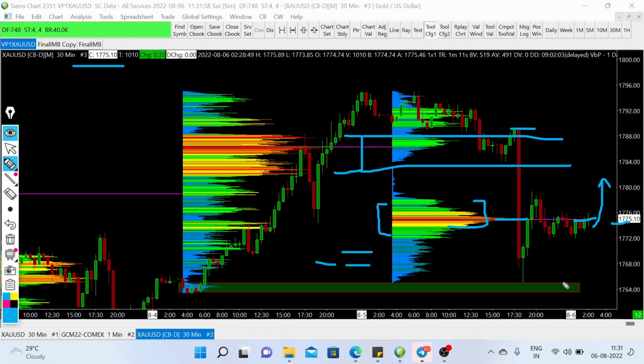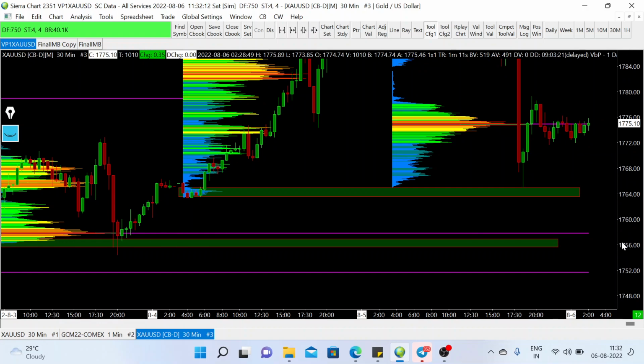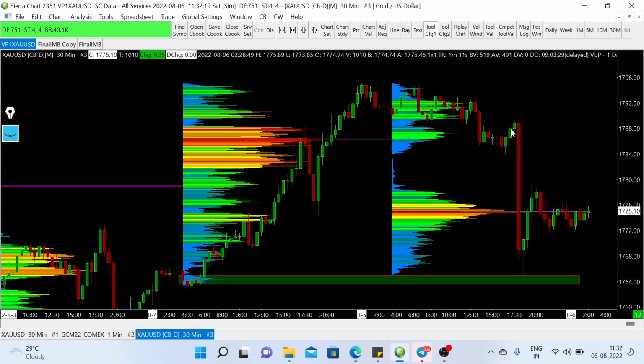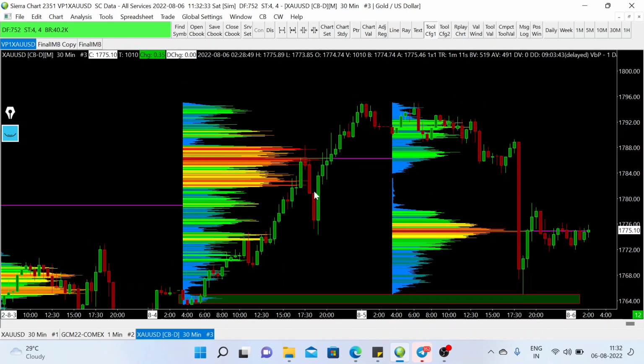But if gold price declines from this level, then we had better wait for a breakdown of this level 1765, and then we can have another test toward this area, which is roughly at 1755. So on the upside, the better opportunity for a sell is at around the level of 1788, and on the bottom, the sell opportunity is only at the breakdown of this level. But if this level holds, then we can look for a buy opportunity. So these are the levels on intraday.